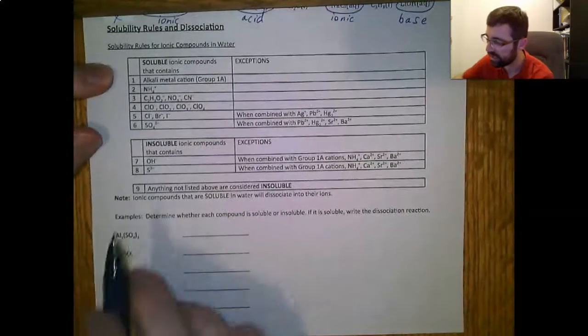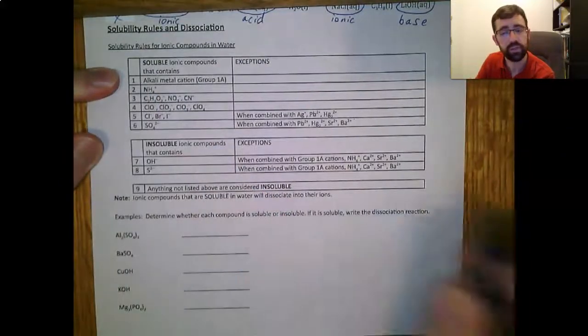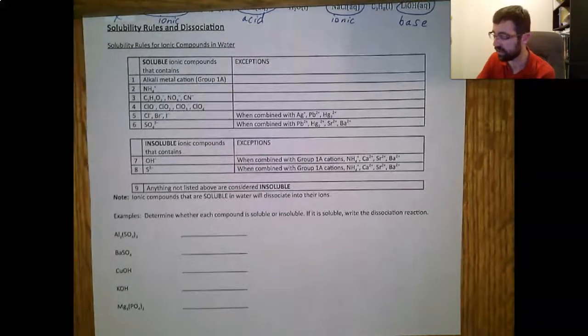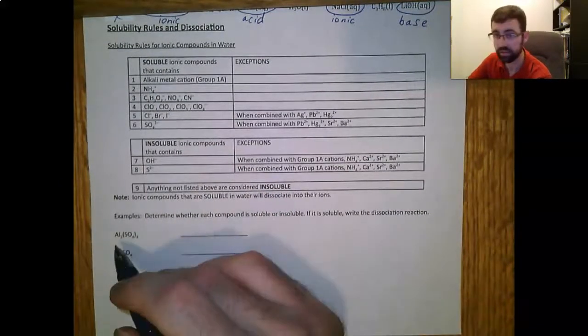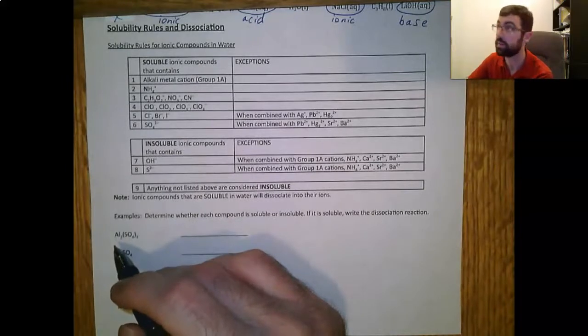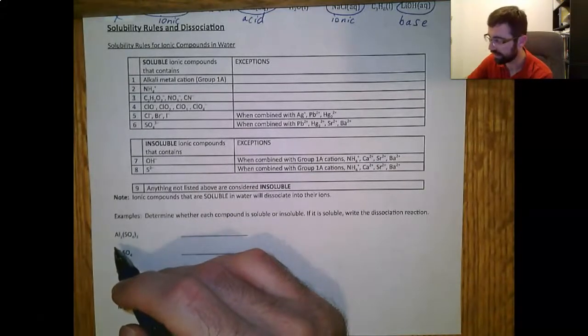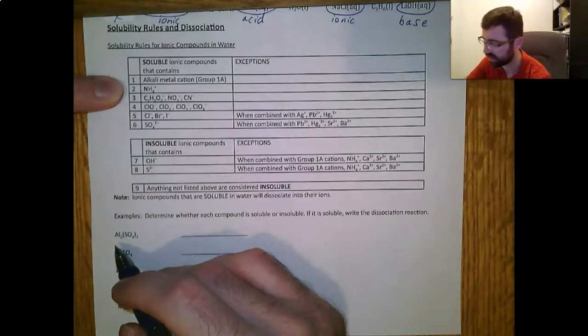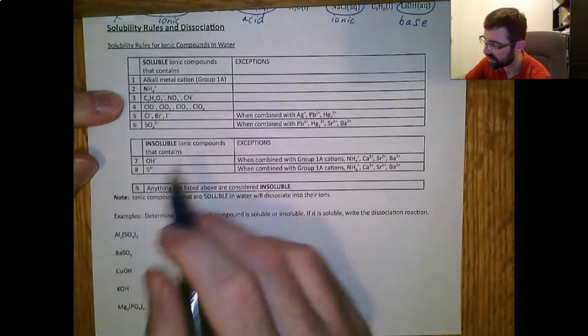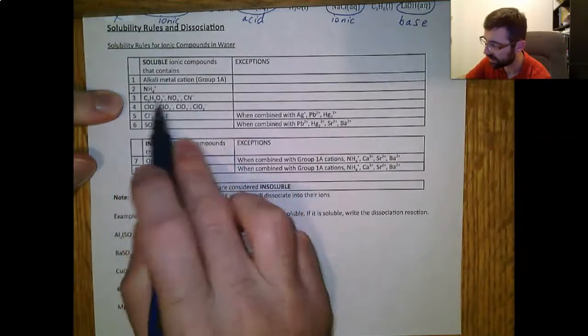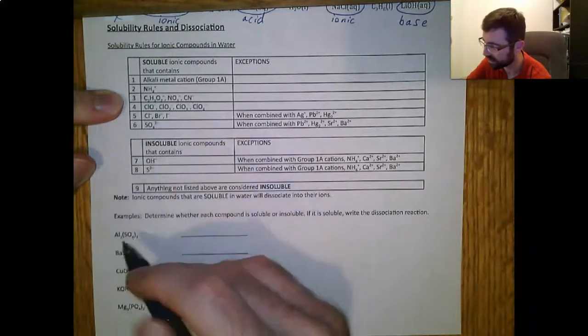Okay, first, is it an alkali metal? Well, if I look at the periodic table, I'd find that aluminum is our metal, and it is not an alkali metal. It's not in group 1. Okay, so I can skip that. Is it NH4? No, this is not NH4. Okay, do we see any of these 3 polyatomic ions? I don't see that.